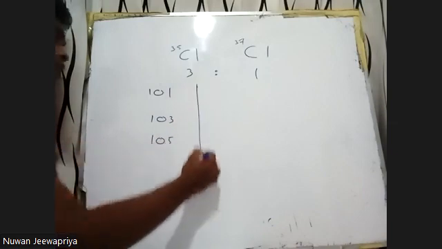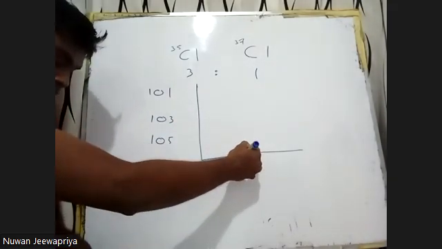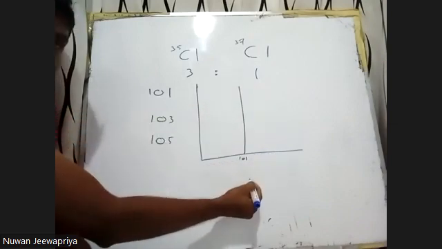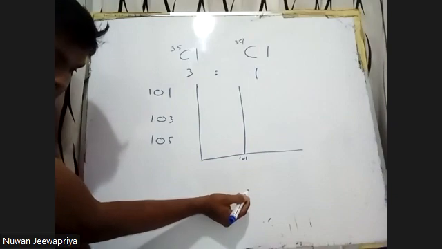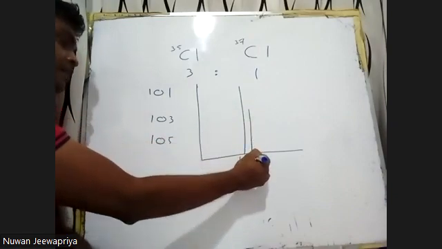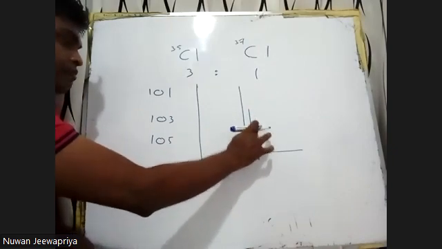So in that graph, you notice at the beginning there's a peak at 101, there's a peak at 103, and there's another peak at 105.